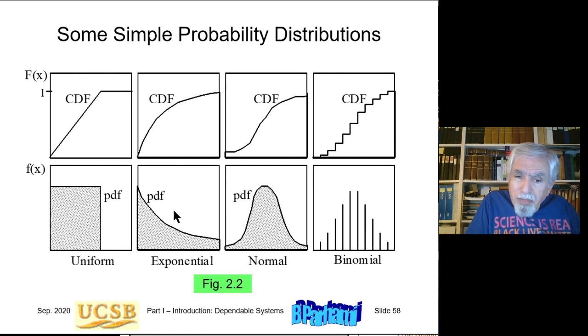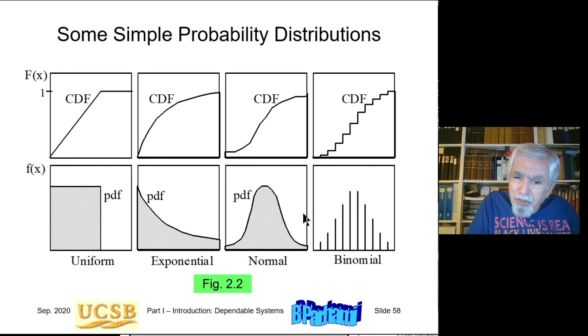Exponential, the PDF is exponentially declining. The CDF, cumulative distribution function, has this shape. Normal distribution, the PDF has the bell curve shape. And the CDF, cumulative distribution function, has this shape.